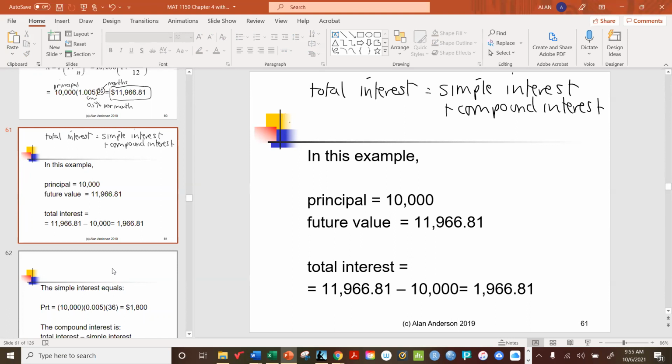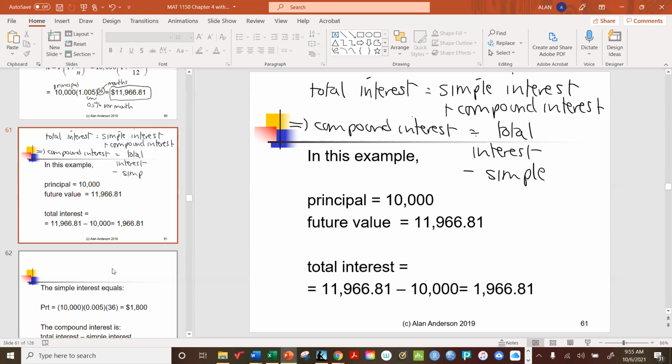Which implies, algebraically, that the compound interest equals total interest minus simple interest. And that's the approach we'll take here. We're not going to have a separate formula for compound interest. It would be too messy. So this is much easier.